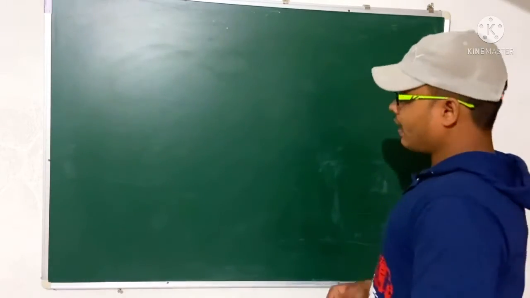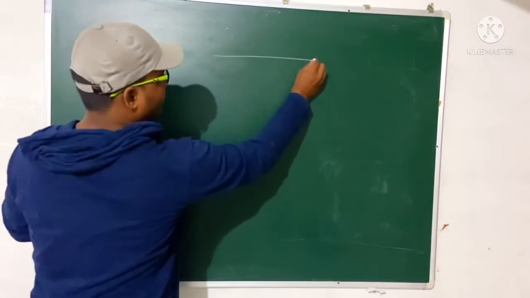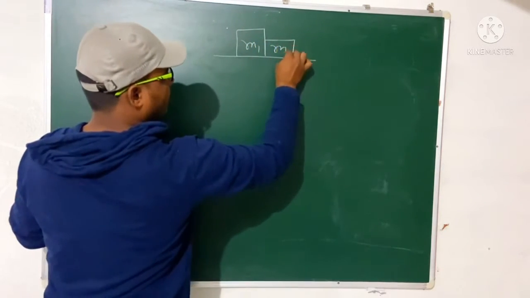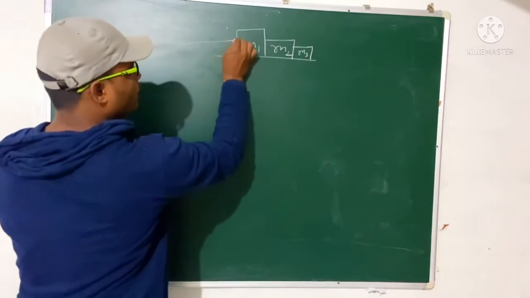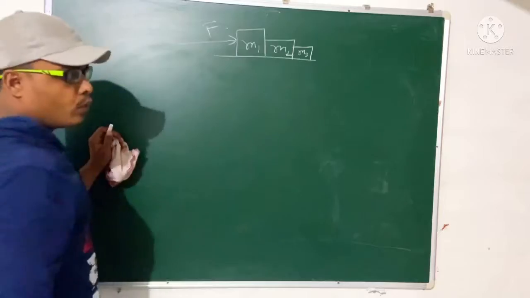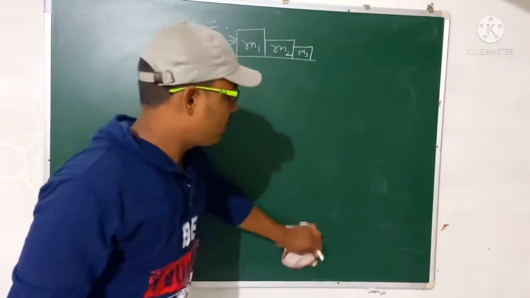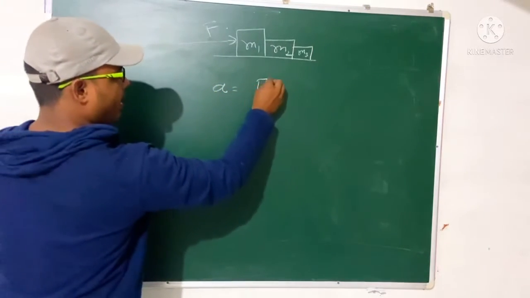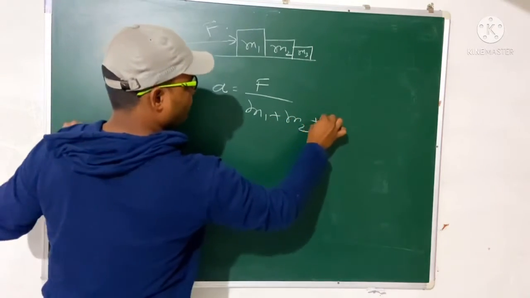Again, I am repeating one more case: if 3 objects are there, that means M1, M2, and another object M3, and we are giving a force, then do the free body diagram for these 3 particles, and you will obtain that the acceleration is F divided by M1 plus M2 plus M3.